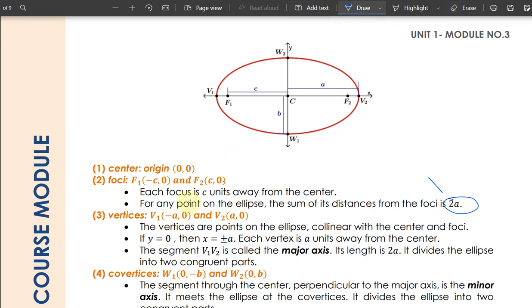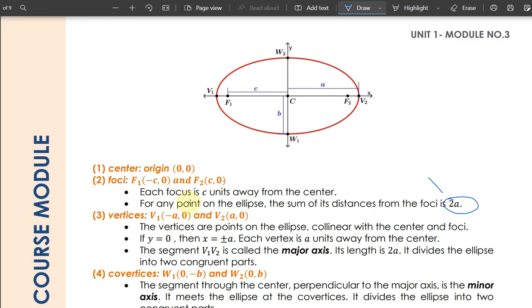So vertex 1 is located at negative a and 0. Then vertex 2 is located at a and 0. So this is distance a, and 0 is the y, meaning it lies on the x-axis.